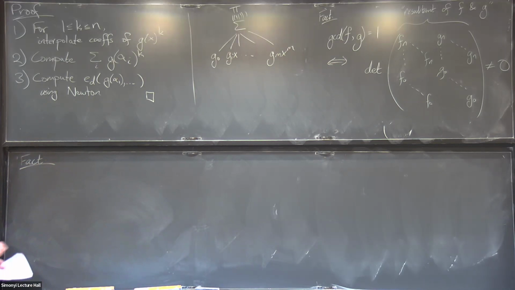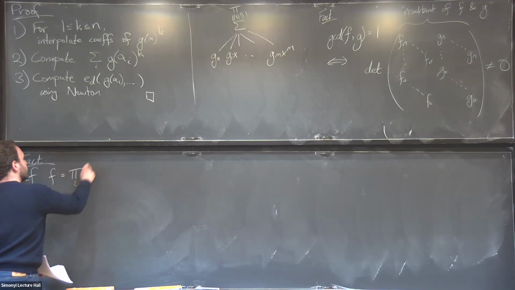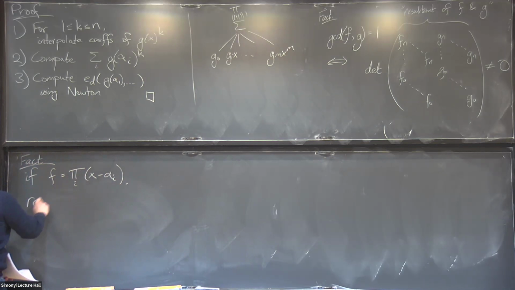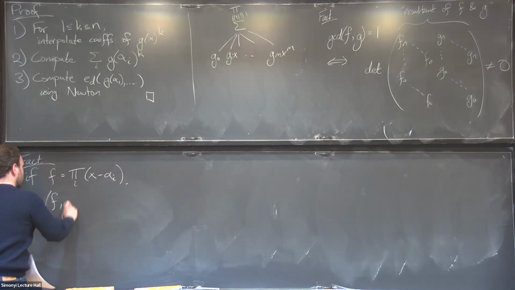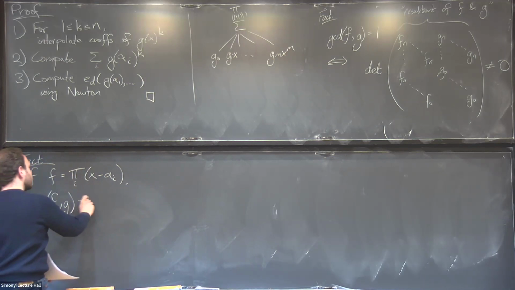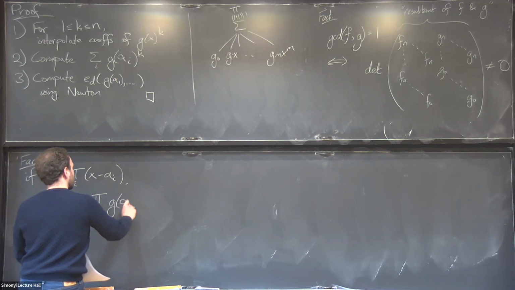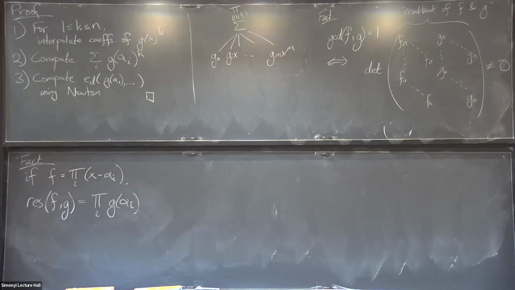So here's a nice thing about the resultant. If f factors into linear terms as x minus alpha_i, then this determinant, you can write it as the product of the evaluations of g at alpha_i.